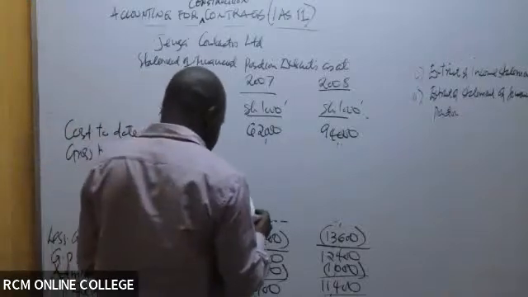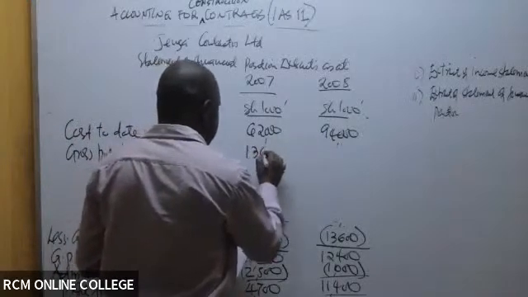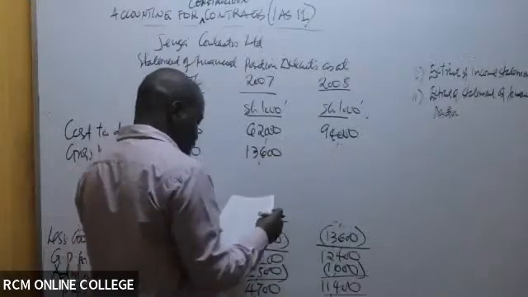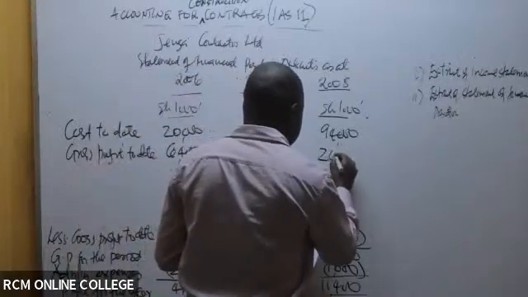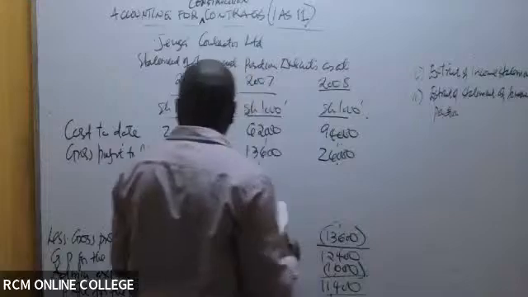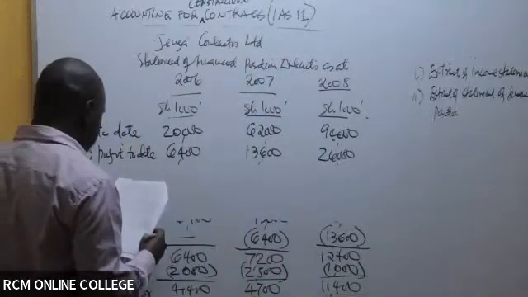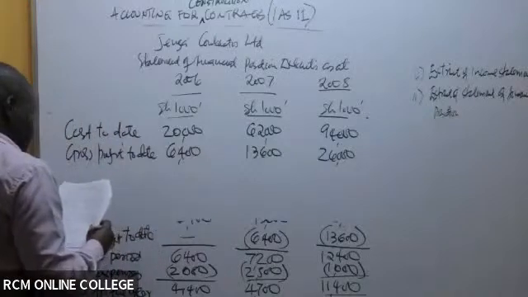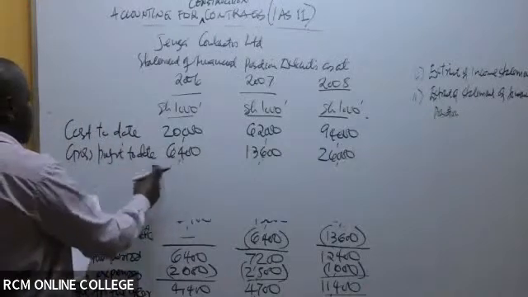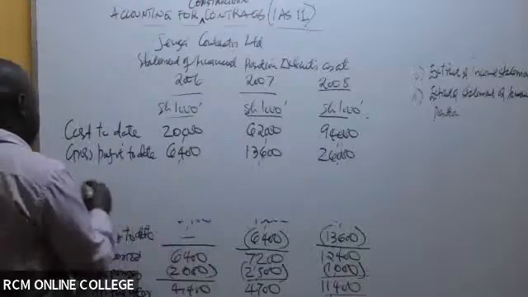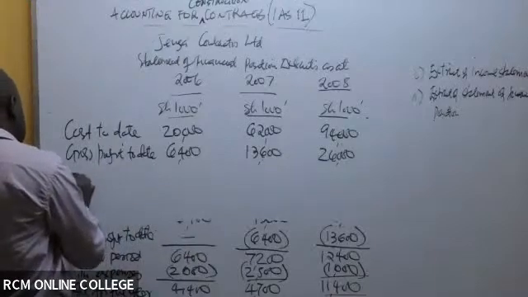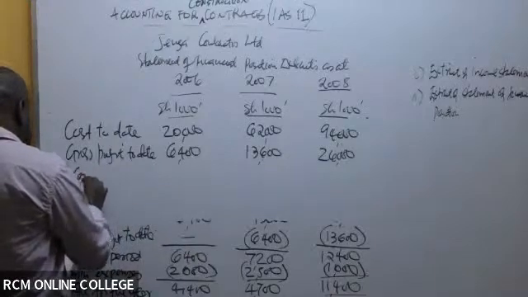Second year, it was actually 13.6 million. And in the final year, it was 26 million. So then in this case, you add the gross profit to debt. Then you less the cash received to debt.